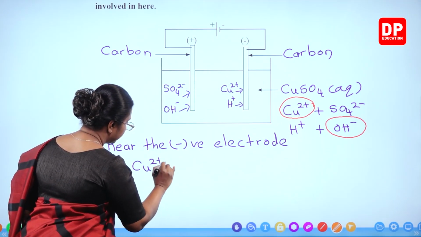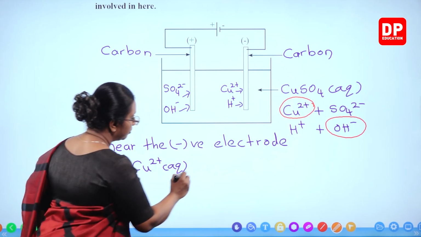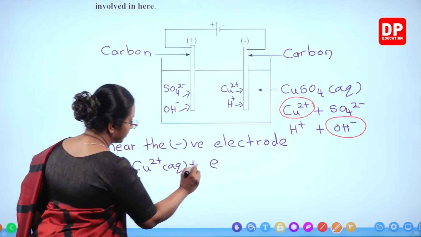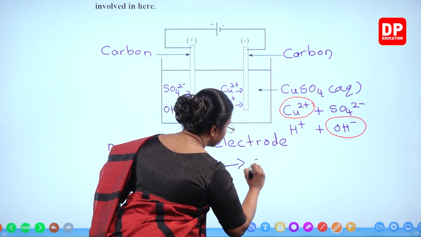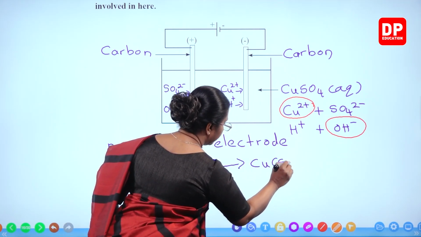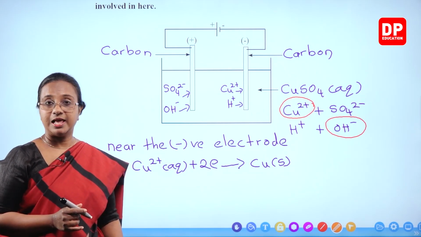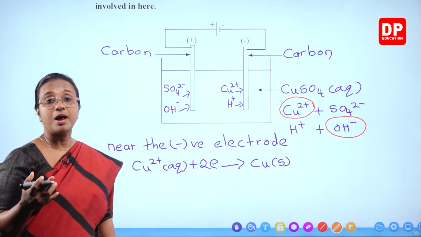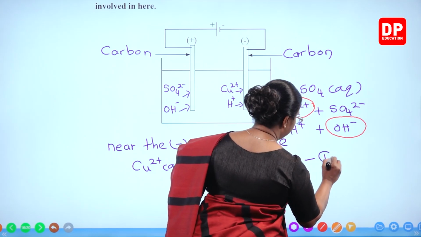Cu2+ goes towards the negative electrode. It will take up electrons. Here you can see 2+, so they need 2 electrons and it becomes Cu solid. So this is what deposits at the negative electrode. Brown color deposit, reddish brown color or brown color deposit. So that is one reaction.